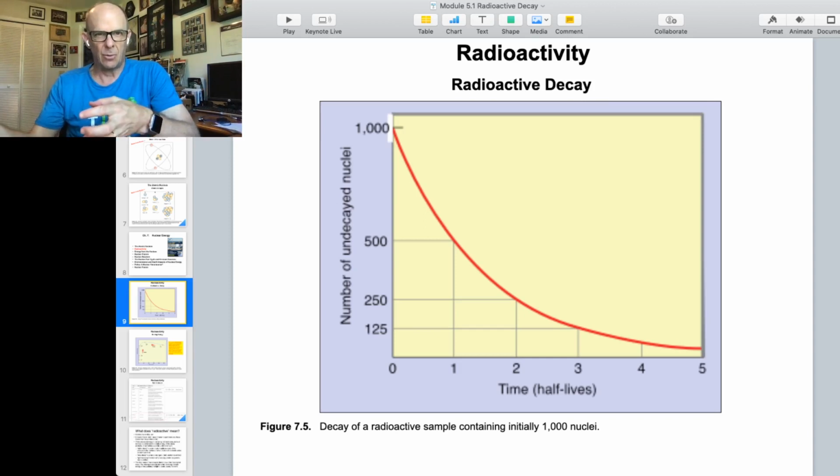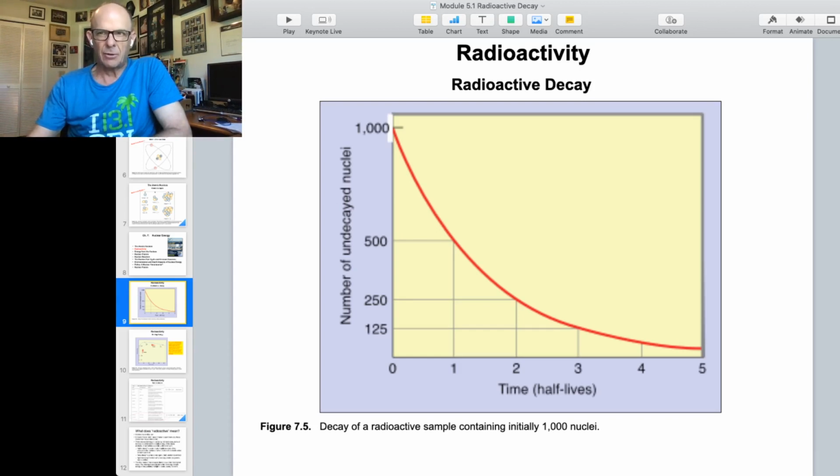I would have 125 of the original stuff left, 875 would have decayed. Then if I wait 1 more year, half of 125 is 62. I would be down to 62 or so atoms of my original 1,000 radioactive atoms and 938 decayed atoms, and so on.